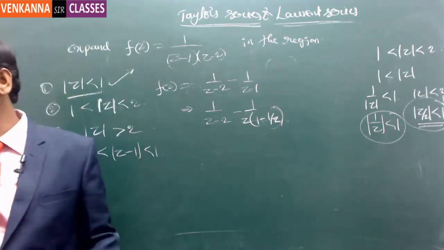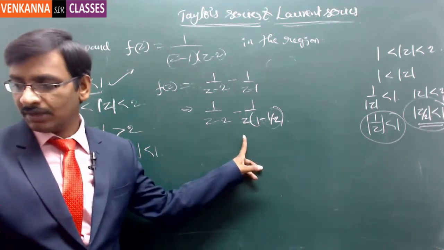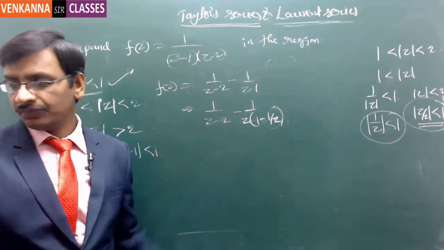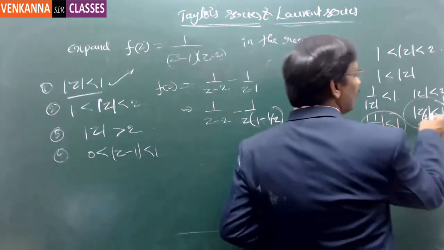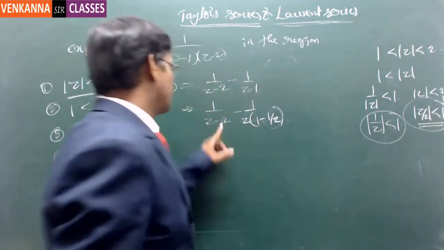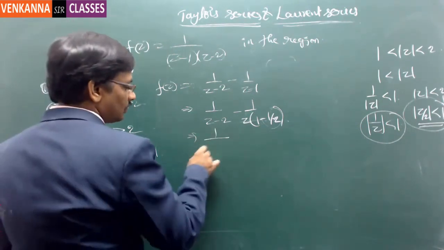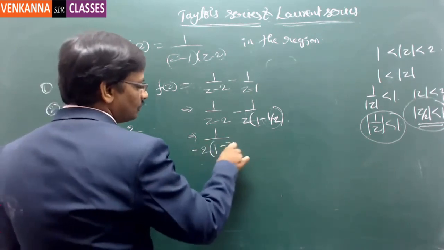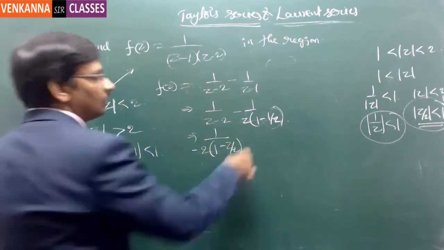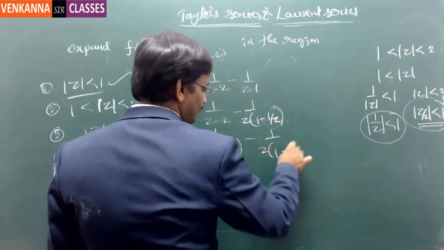That is the condition so that I can make use of binomial expansion. So keeping that in mind, I have taken z out. And for the other case, the condition is mod z by 2 is less than 1, so here I will take 2 out. That is 1 by 2 times minus, I will take it out, 1 minus z by 2. So minus 1 by z into 1 minus 1 by z.